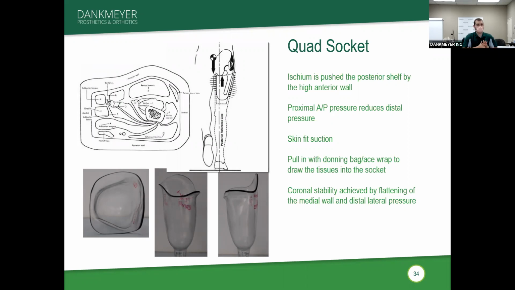They're very square when you look at them top down. Typically, these sockets are fit with skin-fit suction, and they pull the residual limb into the socket through a hole in the end. I'll show you a picture of that later. They're pulled in that way. It can be used with other forms of suspension and interface as well.